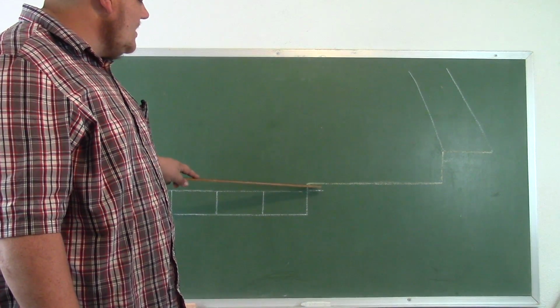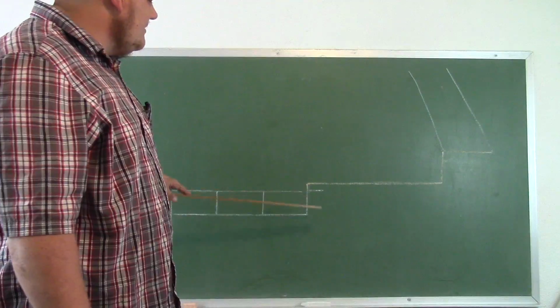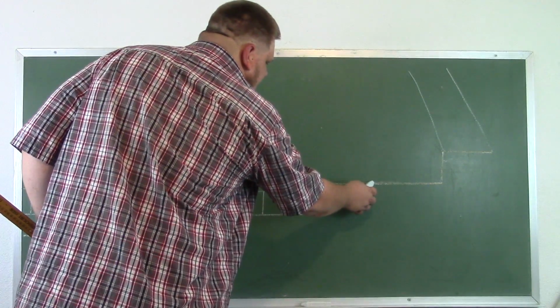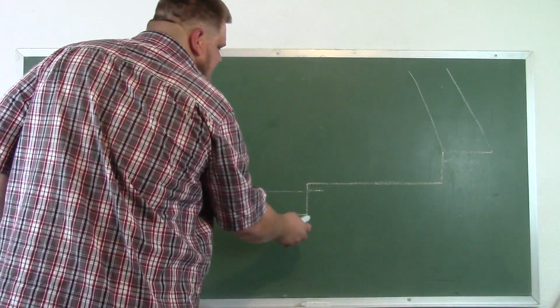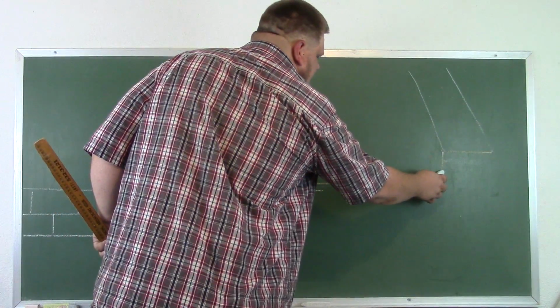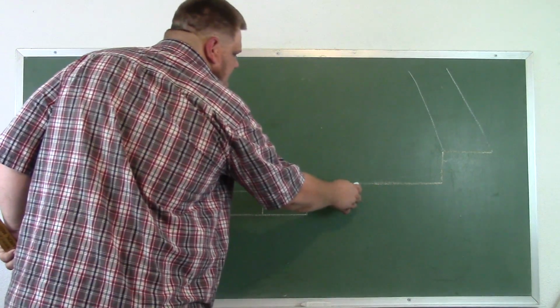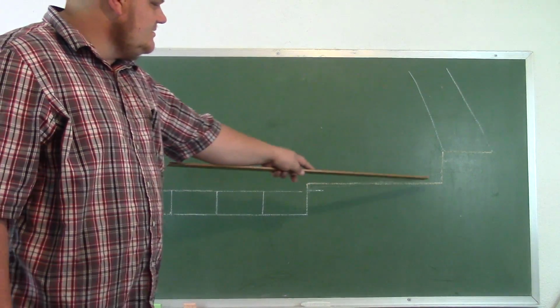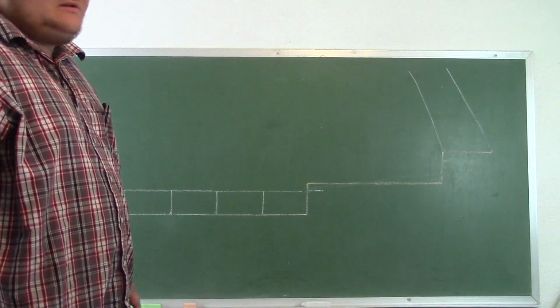So if I take away from here, if I were to grind out a little bit of it like that, and then add some up here, kind of like that, that's going to be way off level.